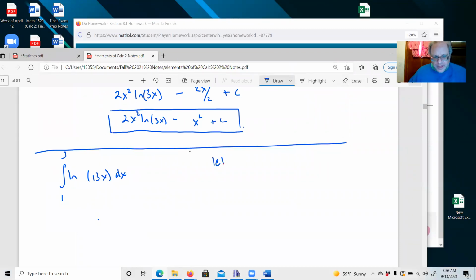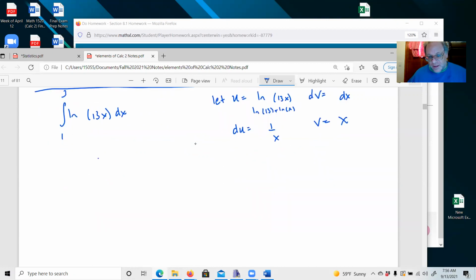Okay, so we're going to say let u equal natural log 13x and dv equal dx. V is equal to x, and du we know, because natural log of 13x is natural log of 13 plus ln of x. The derivative of natural log of 13 is 0 because it's a constant, so du is just 1 over x.